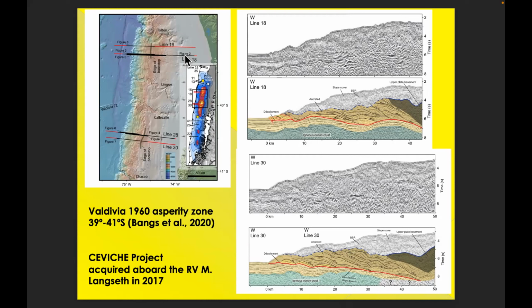And this is the northern asperity. You can see the quality of the image. This is in time, sorry. You can see the detail of the sediment thickness, the top of the oceanic crust, and underplating or underthrusting sediments beneath the shelf.